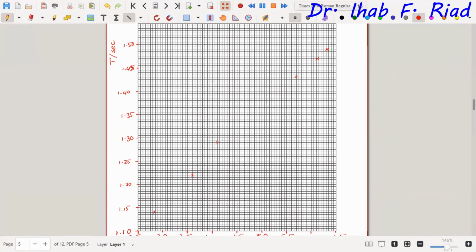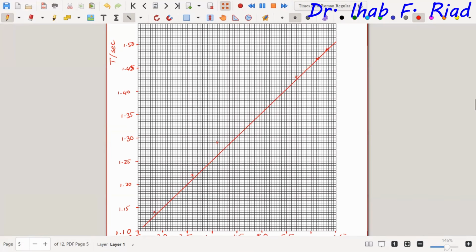You have to use your meter ruler. It needs to be transparent. Okay? I'm not quite sure how I can show it over here for you. But you have to use your meter ruler, and you need to make sure that you can pass through as many points as you could.